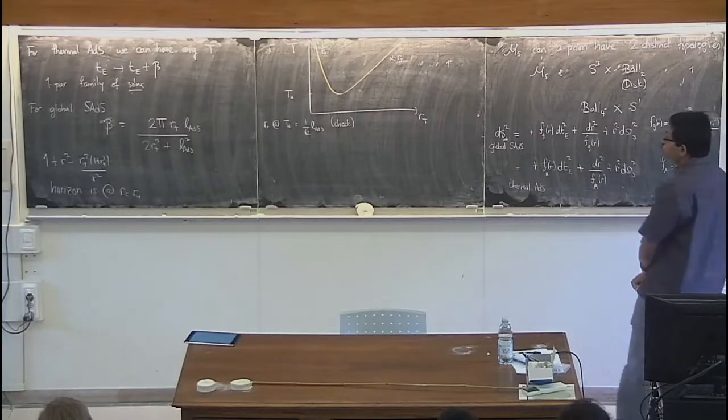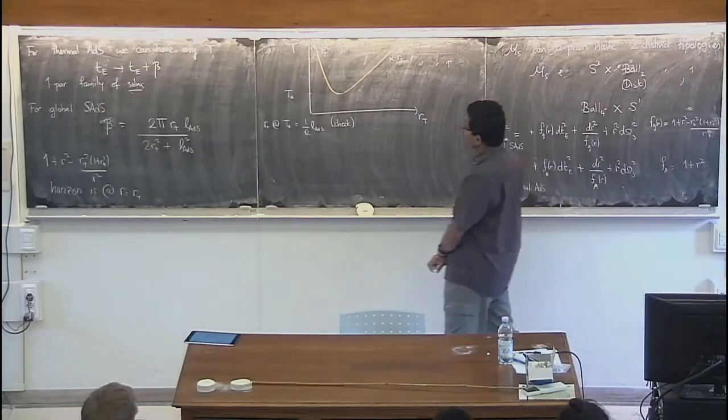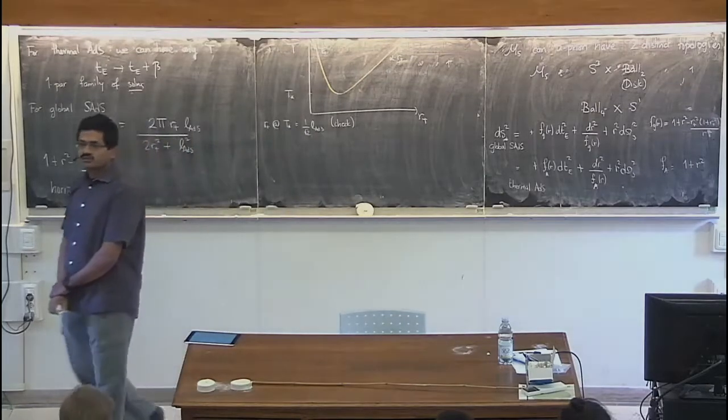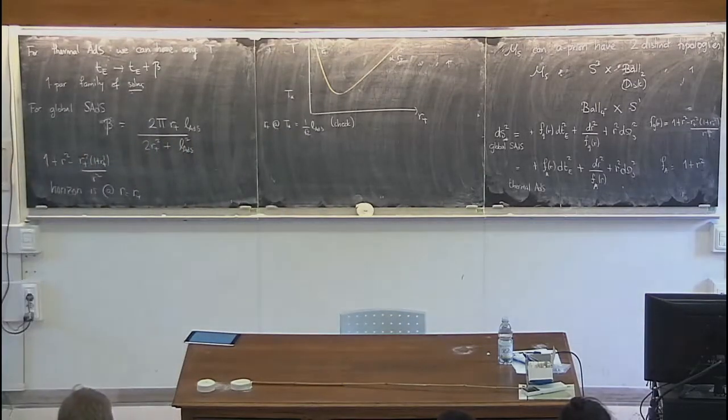So, surprise, surprise, we don't have a solution for all values of temperature. And when we do have a solution, there are two solutions for the same value of temperature.